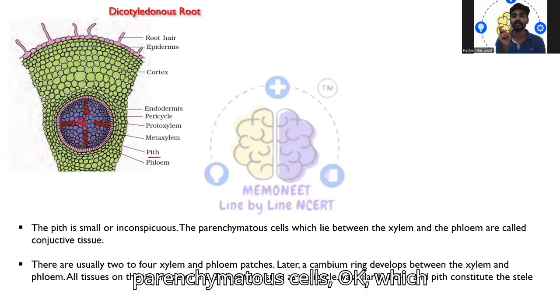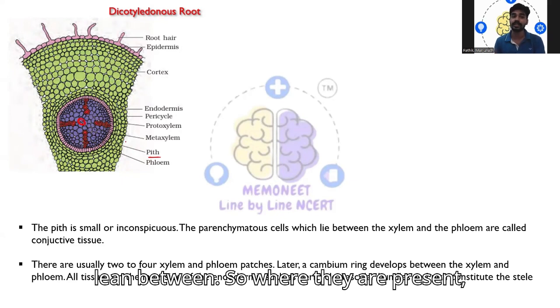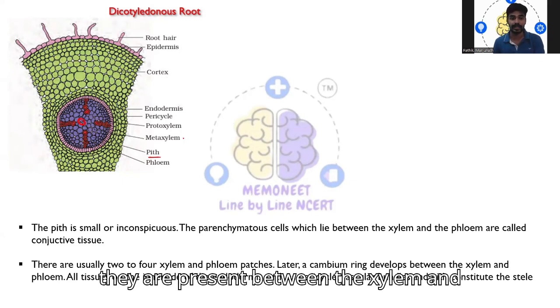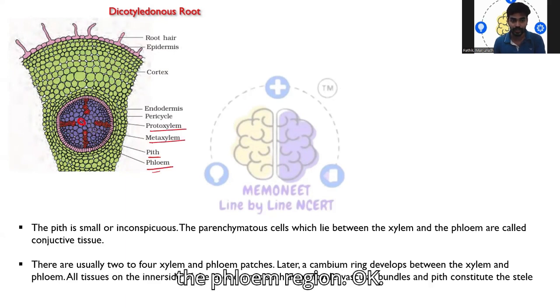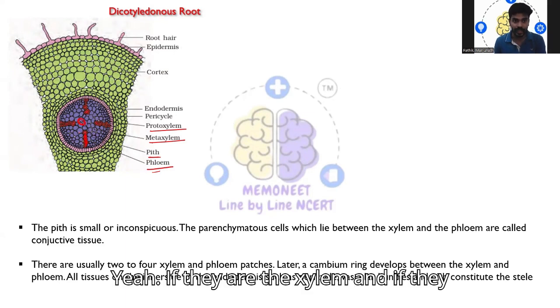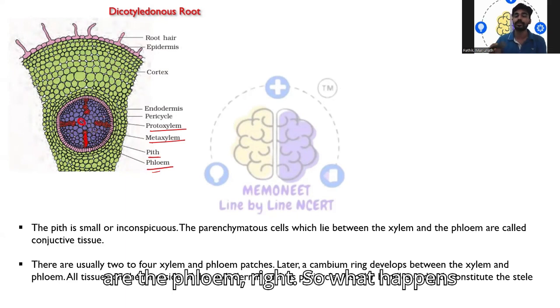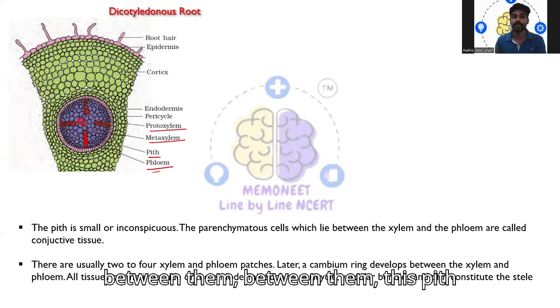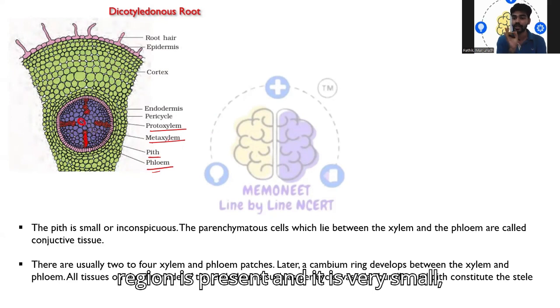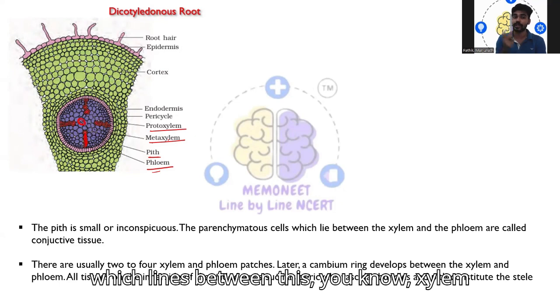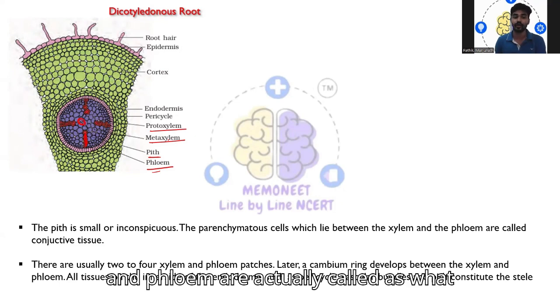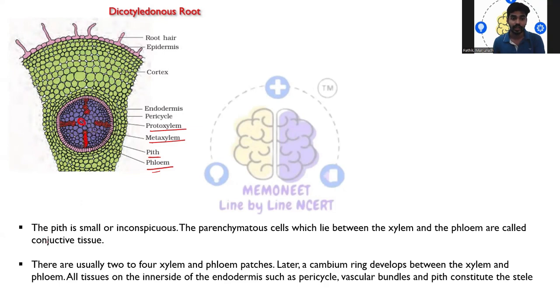Here the parenchymatous cells lie between the xylem and phloem. So this is the xylem and this is the phloem, and between them the pith region is present and it is very small. The parenchyma cells which lie between the xylem and phloem are actually called what?